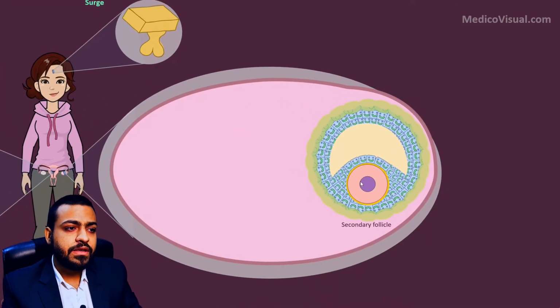So here is this primary oocyte, still arrested in prophase 1, living inside the secondary follicle.